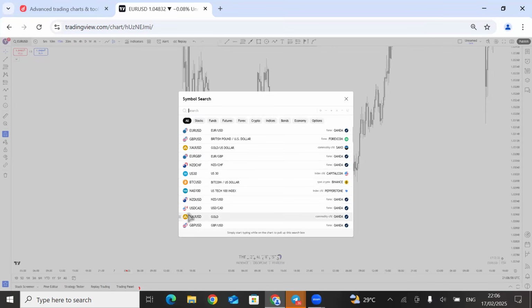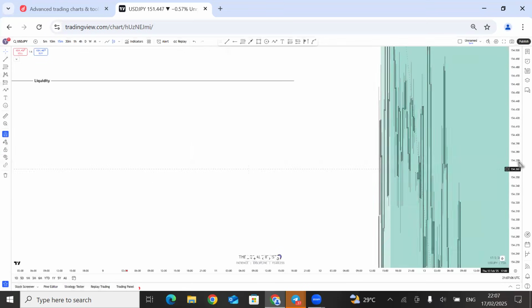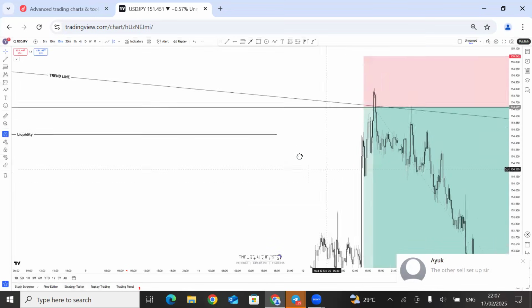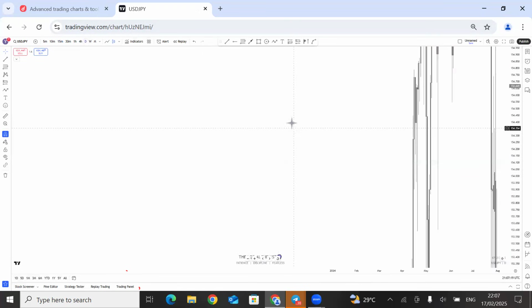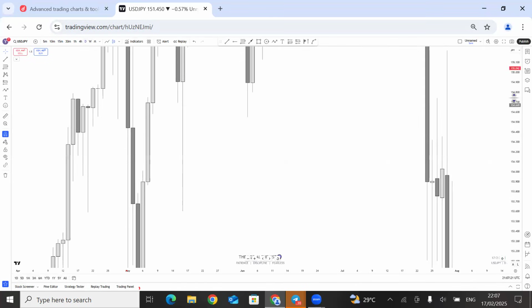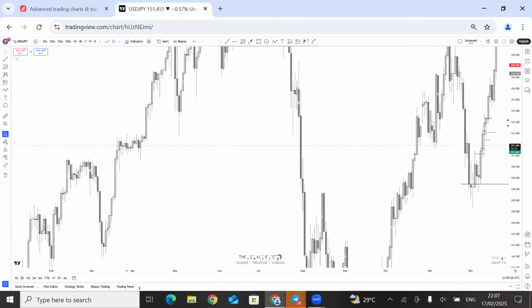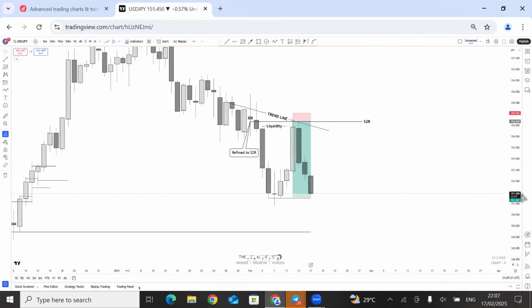Team, USJPY. The daily. Here was SNR, SNR trend line.